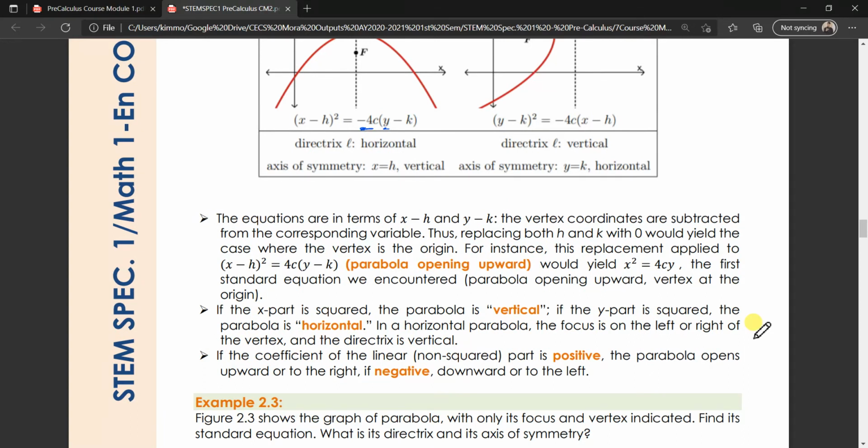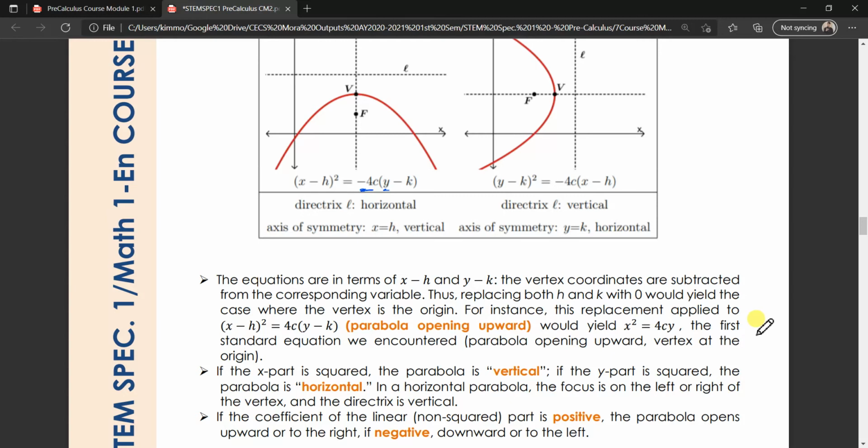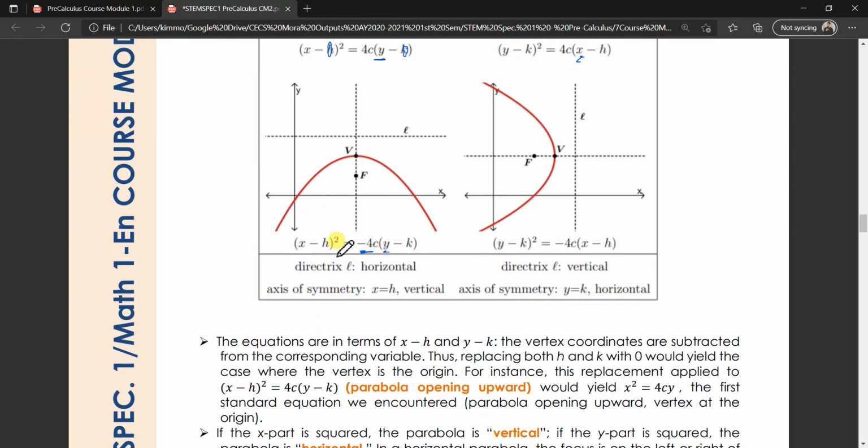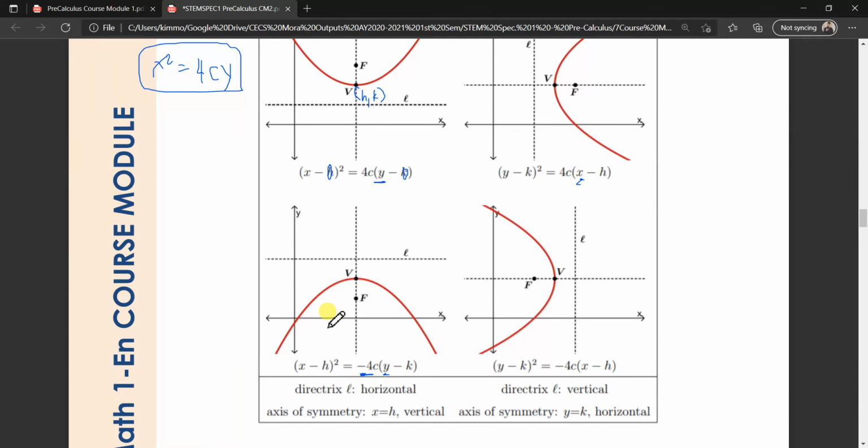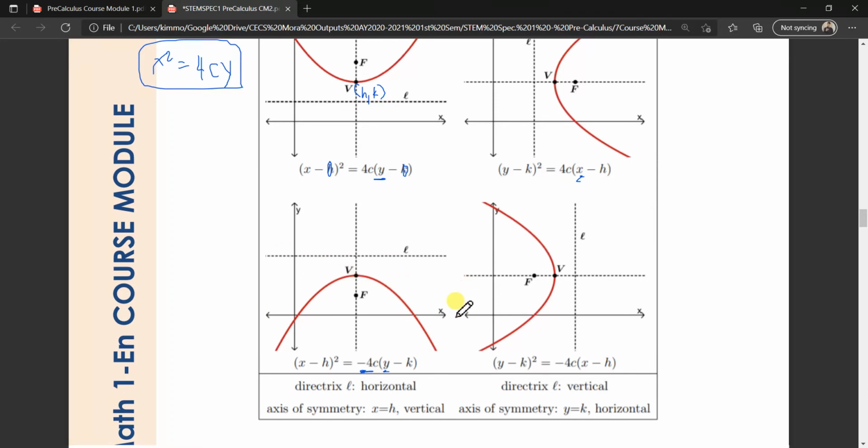So if the x part is squared, the parabola is vertical. If the x part is the one squared, just like this, x minus h squared, then our parabola is vertical. So it is facing or opening upward or downward.